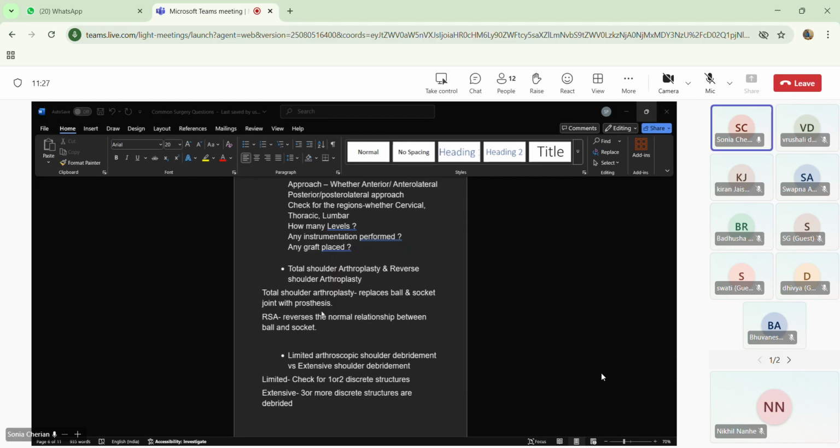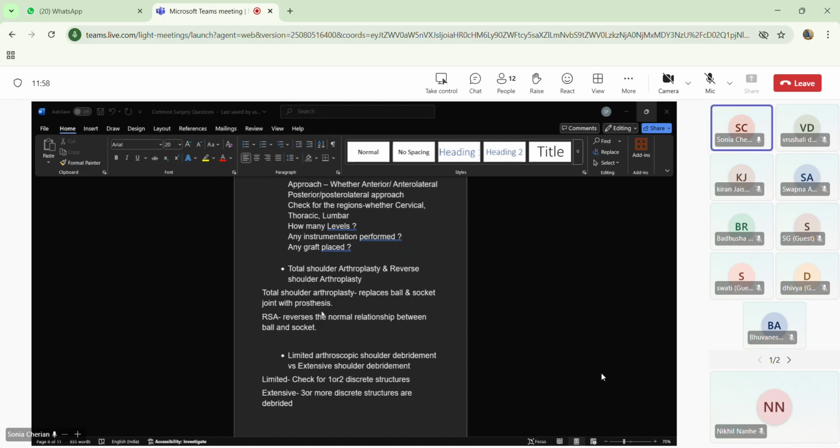Okay, that is one thing they can ask you. The other thing they will ask you is what is limited debridement and what is extensive debridement in the shoulder. In limited debridement, you need to check how many structures they have debrided. If it is just one structure, for example, they're debriding the rotator cuff muscle, or the glenohumeral joint, or what else?